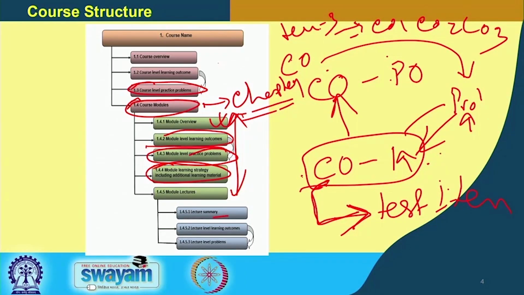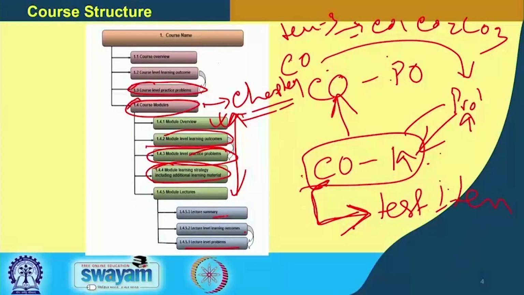Then lecture summary, lecture level outcome and lecture level problem. Every outcome has a problem, because once you set the target, there should be a procedure by which a learner can test themselves whether they have achieved the targets or not.